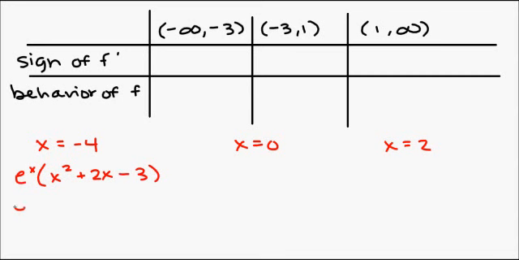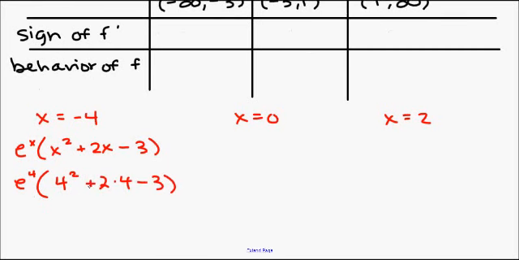Okay, so e to the negative 4 times negative 4 squared plus 2 times negative 4 minus 3. I know e to the negative 4 will be positive. Let's see what the inside will be, because we're really just after the sign. So this is 16 minus 8 minus 3, which gives me 5. So this is going to be positive.